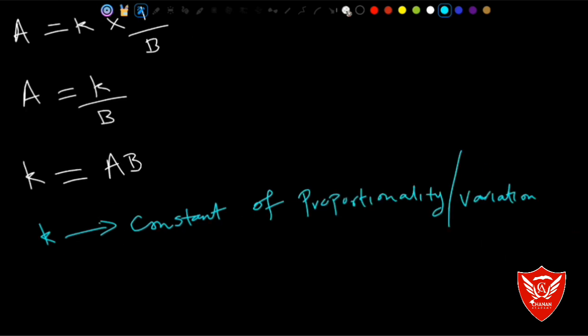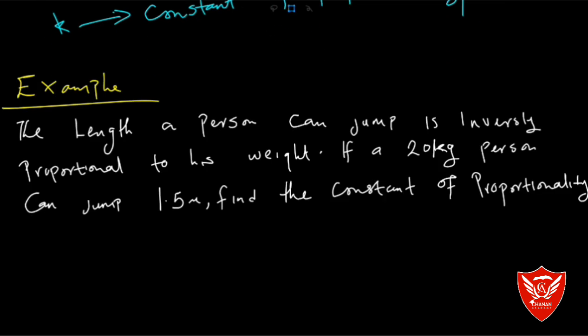Alright, so let's take an example to explain this. The question says, the length a person can jump is inversely proportional to his weight. If a 20 kg person jumps 1.5 meters, find the constant of proportionality. So we already know from the question that the relationship is inversely proportional.